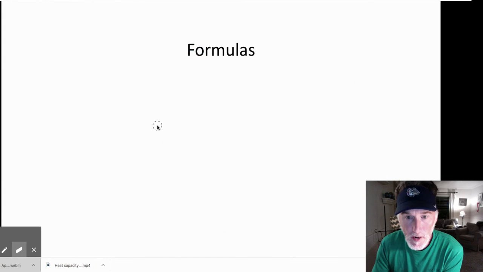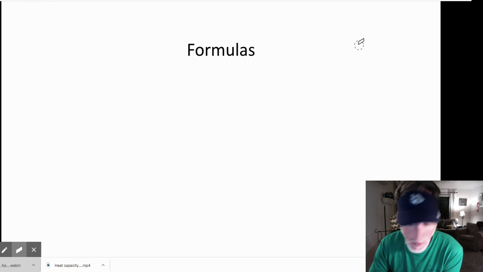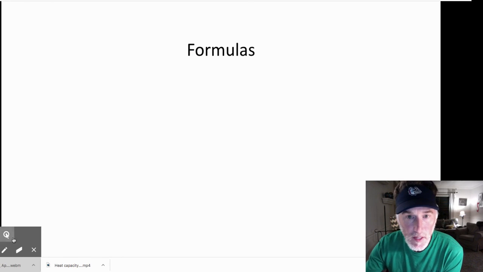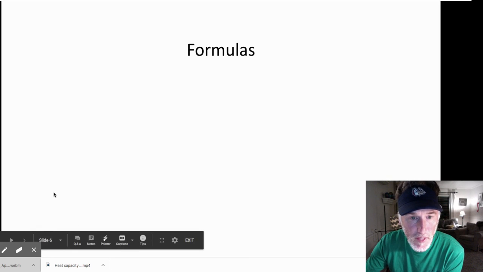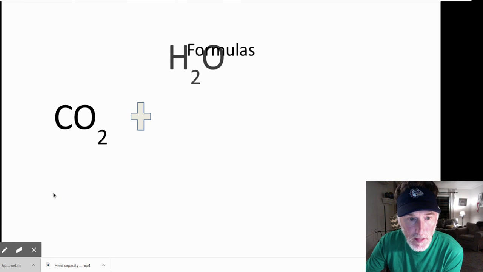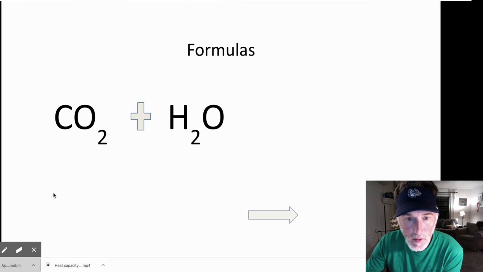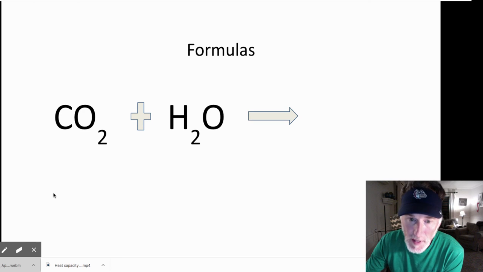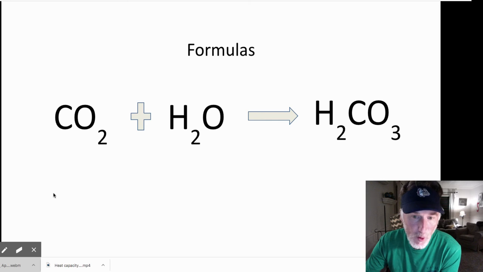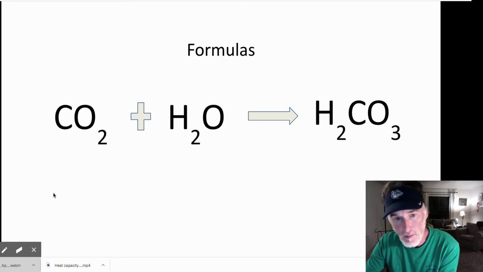Okay, and our next thing is, now let's look at the formulas. The formulas from that reaction: we have CO2 plus H2O forms or yields, in this case, carbonic acid. So now we have a formula equation that we got from that model.